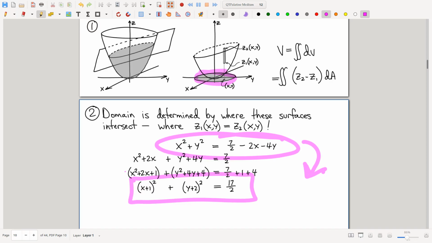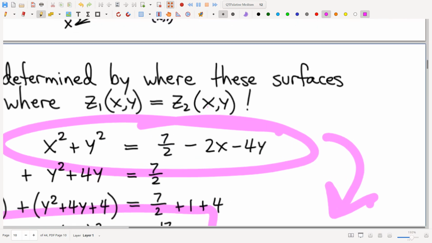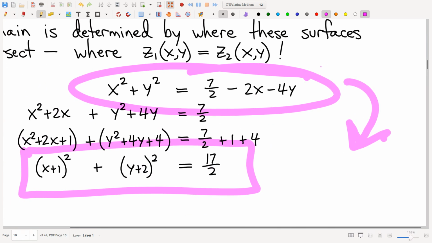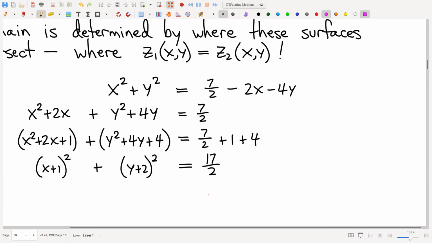Okay, now, the one last thing I want to point out about the algebra here. A lot of students have either forgotten how to complete the square, or their high schools never made them learn how to complete the square, or something like that.